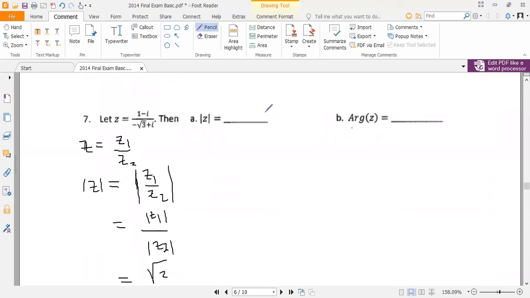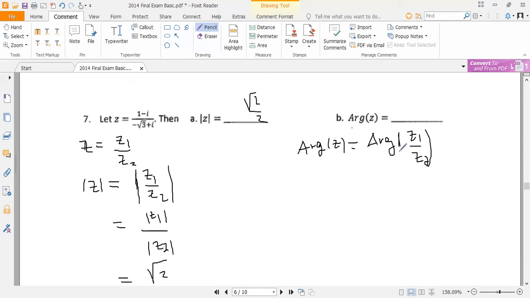And the argument of z, which is the argument of the quotient z1 over z2.